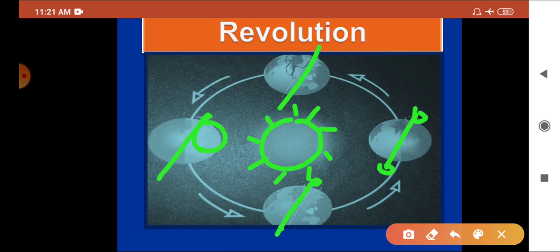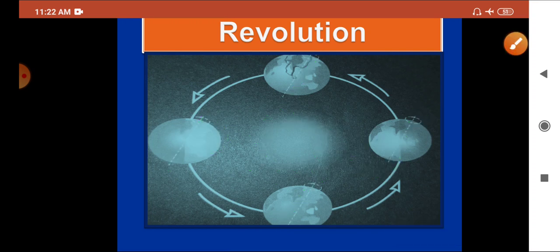And in this position of the Earth, when it is tilted in the other direction, the southern hemisphere is facing more sunlight. That's why 22nd December is the longest day in the southern hemisphere. We will discuss these hemispheres and other points in this video.